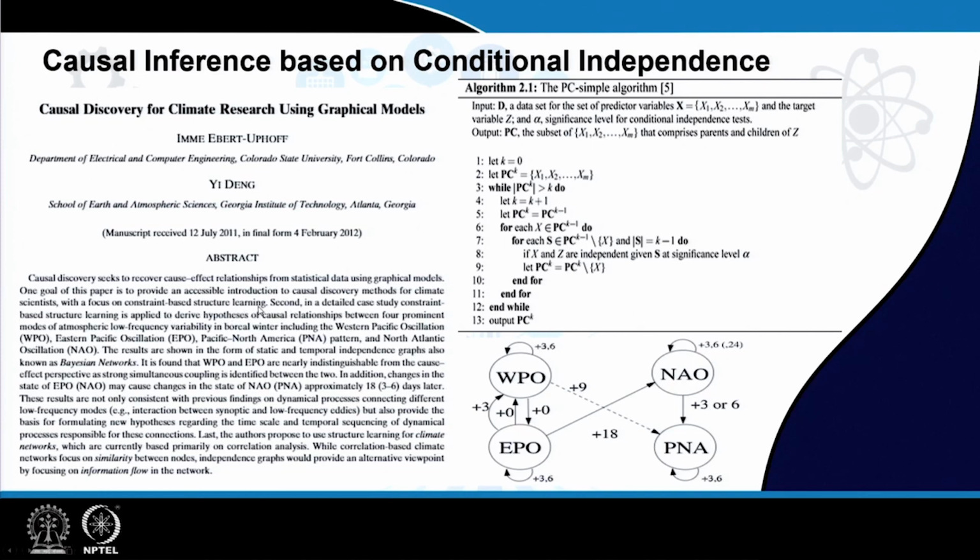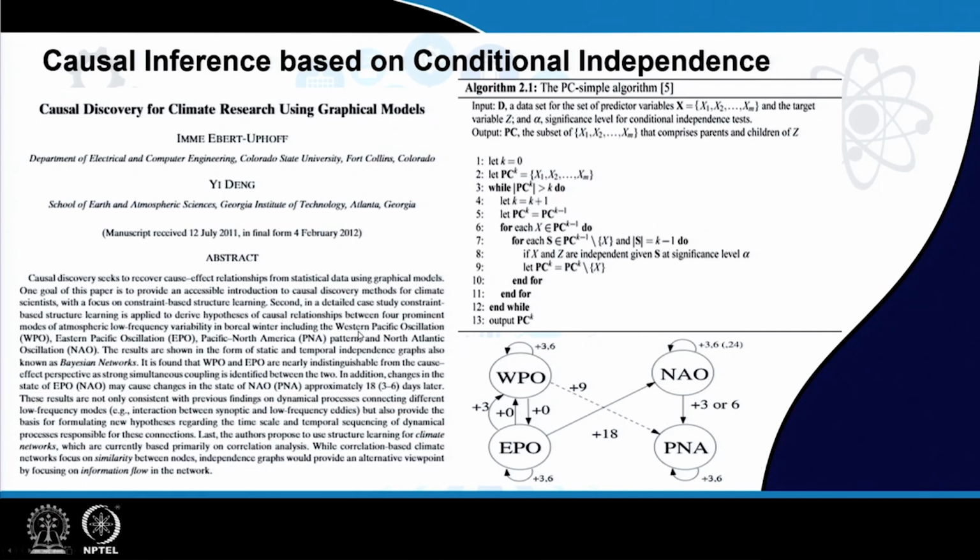By structure they mean the structure of the causal network. Second, in a detailed case study, constraint based structural learning is applied to derive hypotheses of causal relationships between 4 prominent modes of atmospheric low frequency variability in boreal winter. So these are the climate indices they are talking about.